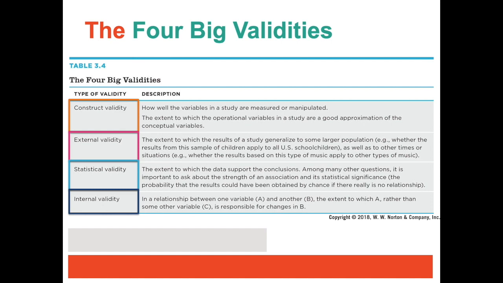In a relationship between one variable, A, and another, B, it's the extent to which A, rather than some other variable, what we'll call C, is responsible for changes in B. That was a confusing way to describe this, but essentially, does this variable actually cause the changes in B, or is it something else that we didn't adequately control for?